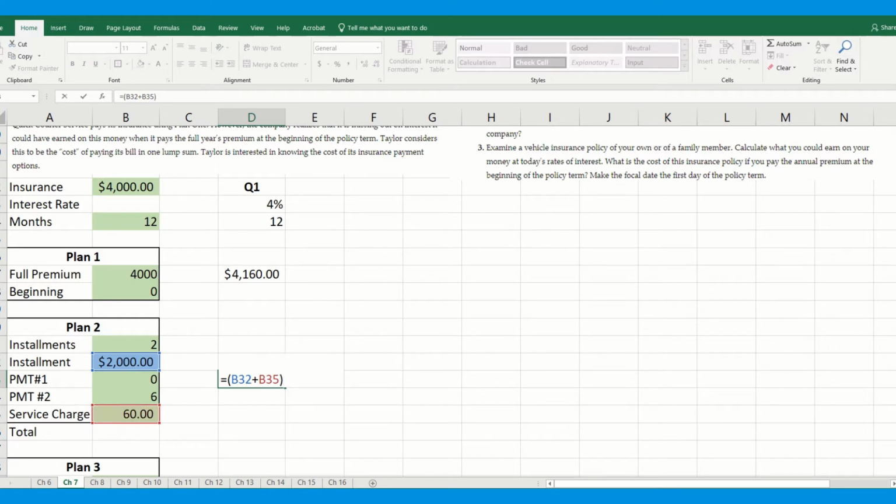I put a bracket times bracket 1 plus, and we're going to move that all the way forward. So we have our $2,000 plus the $60. Our interest rate is 4% times a full 12 months, so 12 months forward, so it's 12 divided by 12, which is 1.